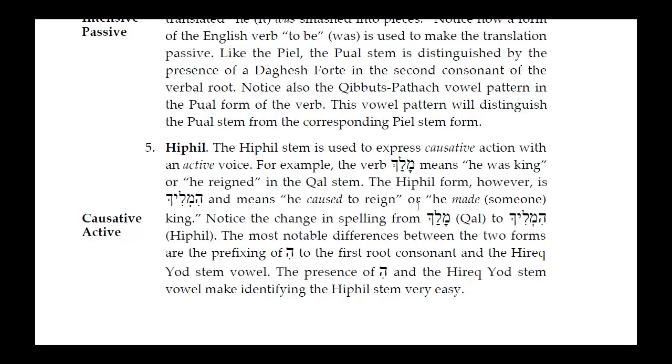So we'll notice the change in the spelling from malak in the Qal stem to himlik in the Hifil. We have the addition of the prefix of the hey, the hireq, the mem, and the non-vocal shva, and then the stem vowel of the hireq yod.